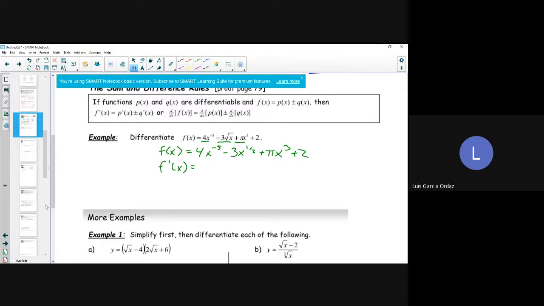So the derivative of 4x to the negative 5, you take the negative 5, multiply it by the 4, so you get negative 20x to the negative 6, because you're always subtracting 1, minus 3 over 2x to the power of negative 1/2, plus 3 pi x squared. And because we have a constant at the end, we do not have to worry about that. There's no derivative for a constant. It is just 0, because the rate of change of a constant will always be 0.